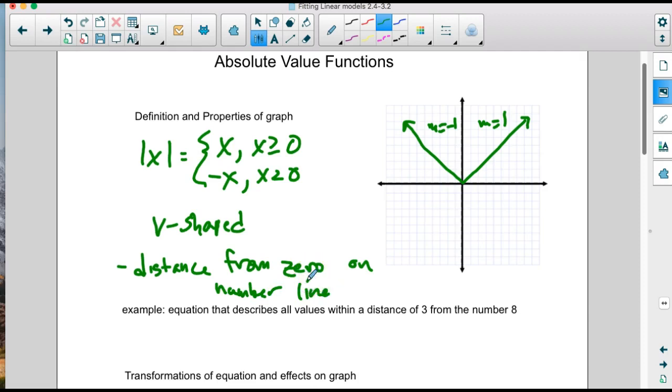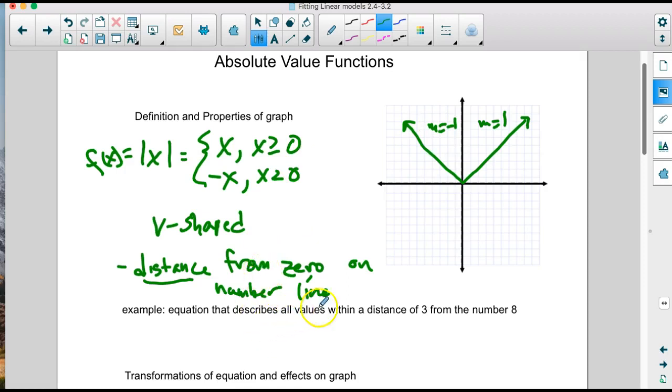Because when you're talking about distance, it can't be negative. And if you look at this graph, none of the values for f of x or absolute value of x is negative. All these values are positive up here in the y's or f of x's.